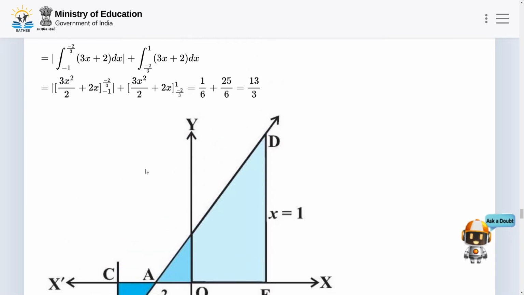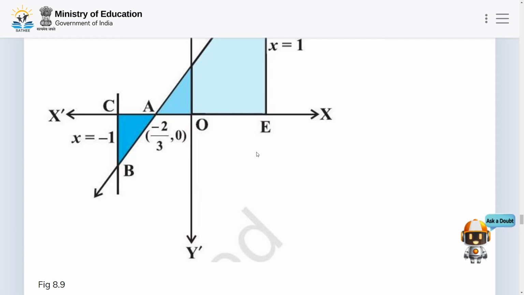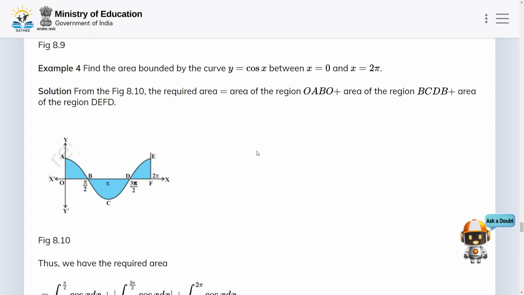After applying the modulus sign and doing the integration, you will get 1/6 plus 25/6. This means 13/3 square units will be the required area of the region. Clear?